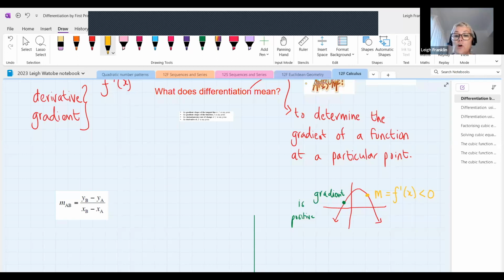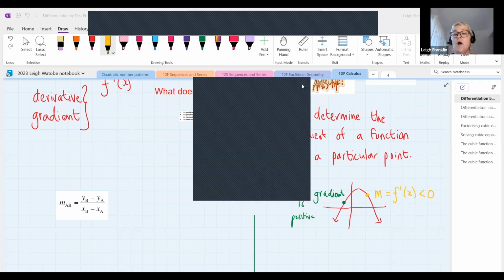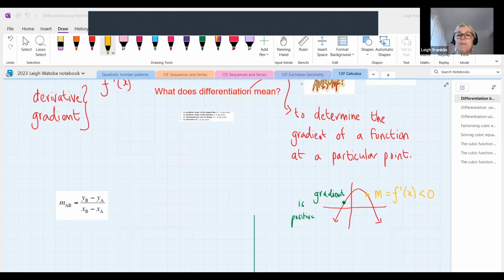than 0. So if we just take a parabola, something that we're all familiar with, the gradient changes from being positive to being negative. When I get to the turning point of the function, so when I get to this point over here, I'm not walking uphill and I'm not walking downhill. I've got to the highest point of the mountain.